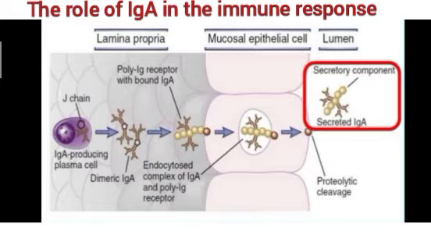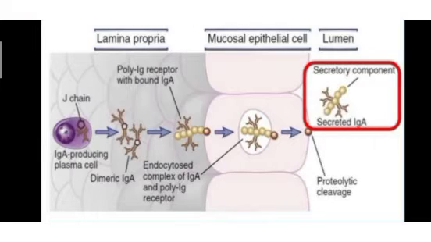And the role of immunoglobulin A in the immune response: it comprises approximately 15% of all immunoglobulin in healthy serum. Two immunoglobulin A subtypes exist, immunoglobulin A1 and immunoglobulin A2, while mice have only one subclass. They differ in the molecular mass of the heavy chain and in their concentrations in serum.